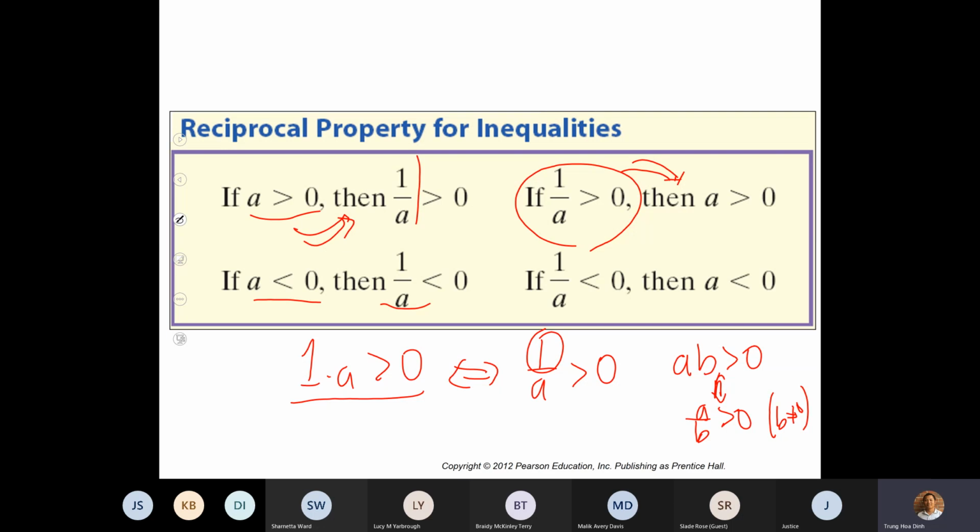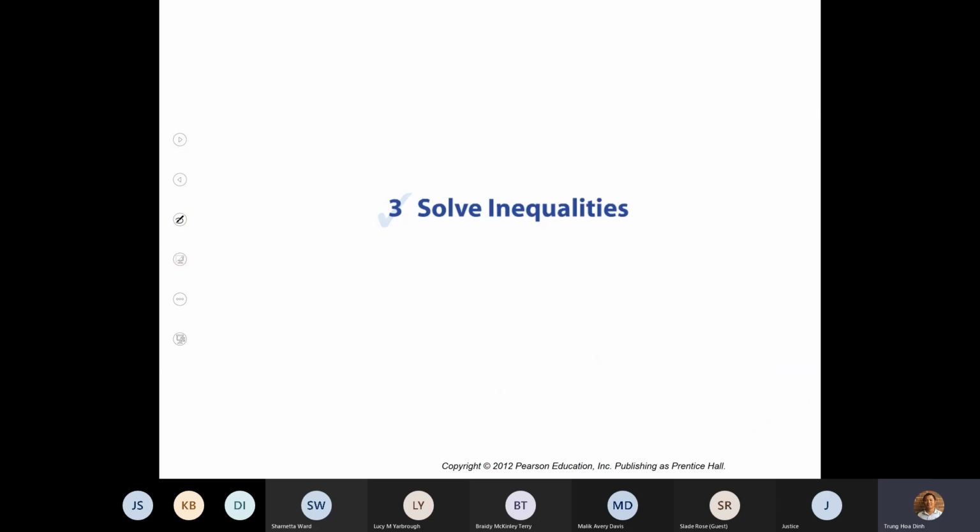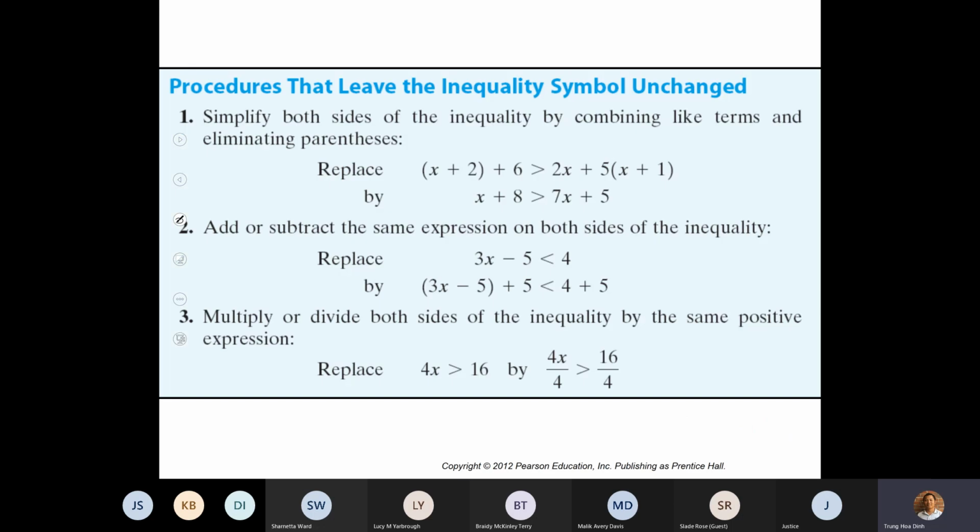So if b over a is greater than 0, then a times b is greater than 0. You see, like that. Does that make sense? If a over b is less than 0, a times b will be less than 0. Okay. I think we just solved this problem, and then we're good for today. We will continue this topic next time.